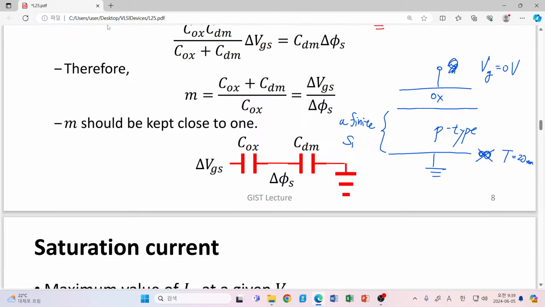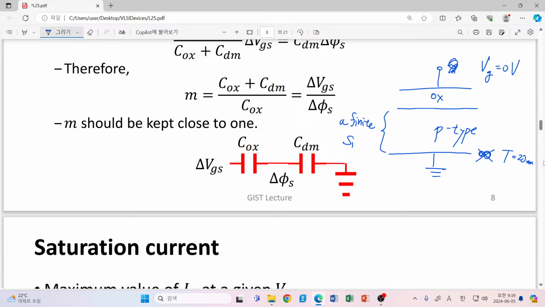So previously, let's say that instead of this 20 nanometer, this thickness is 1 micrometer. Then what will happen? Then part of it is depleted and part of it is still neutral.